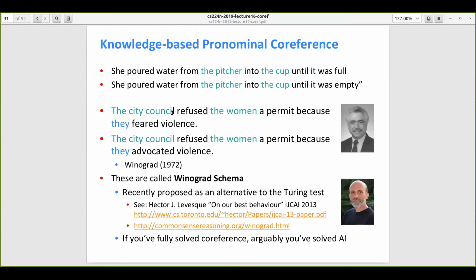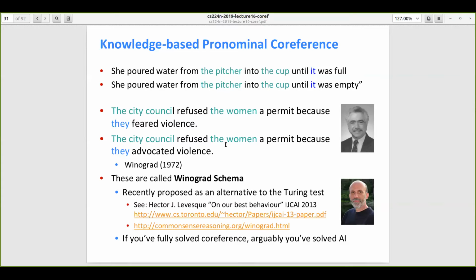The city council refused the women a permit because they feared violence. In this case, the word they is referring to the city council. And in the next sentence, the city council refused the women a permit because they advocated violence, the word they is referring to the women. How will a machine or a program understand this subtle difference?